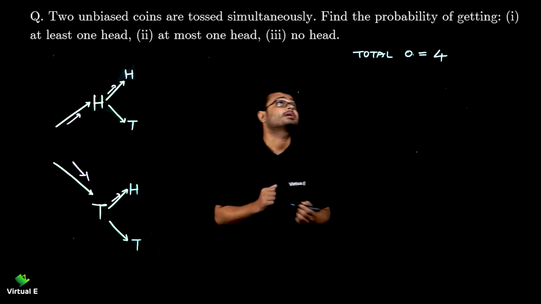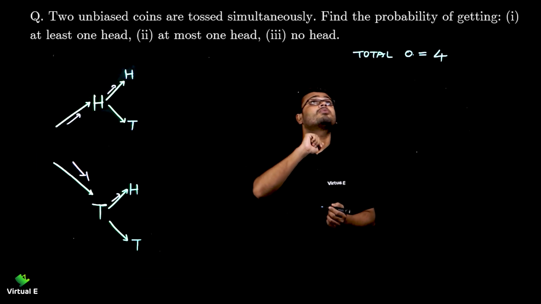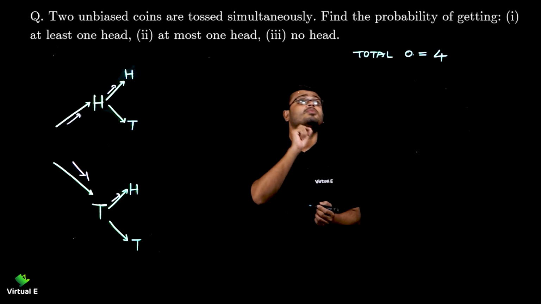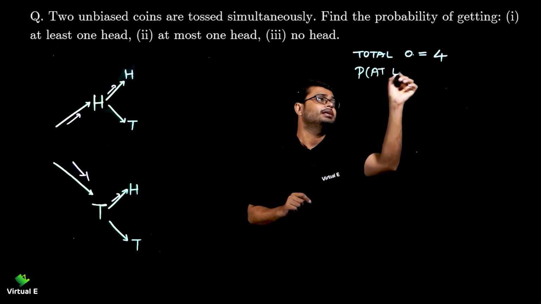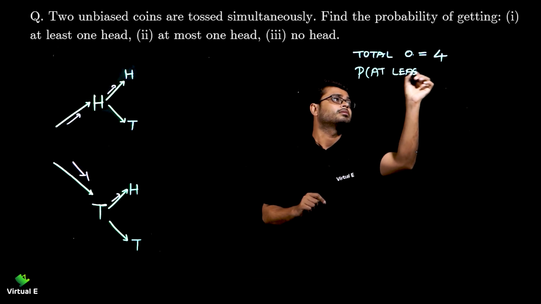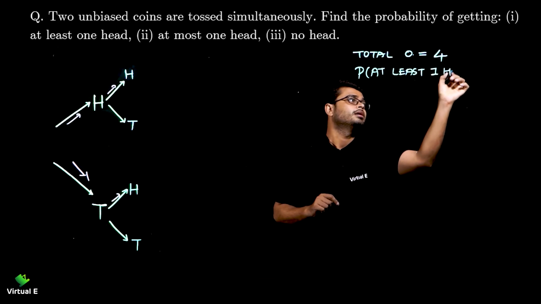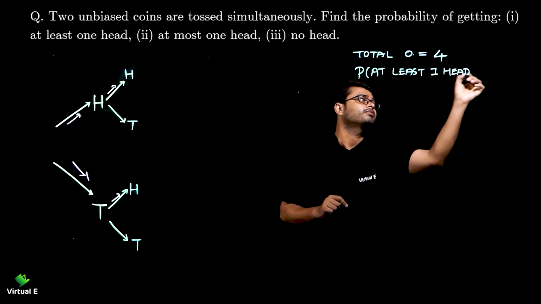We are going to write the outcomes as well. Then what we need to find first is the probability of at least one head, that is the question mark.